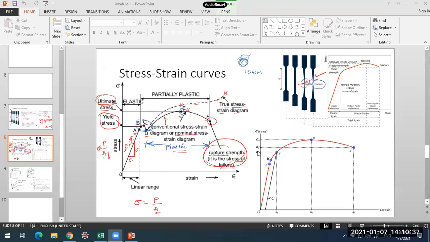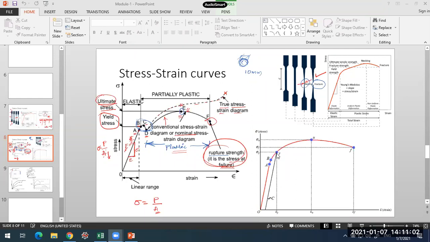So yield stress will be corresponding to a proof stress, a certain amount of strain. Instead of yield stress, we call it a proof stress, which will be taken from a certain strain. Normally, that strain is 0.2% or 0.002. So that will be treated as the yield stress, because these materials do not exhibit clear yielding.